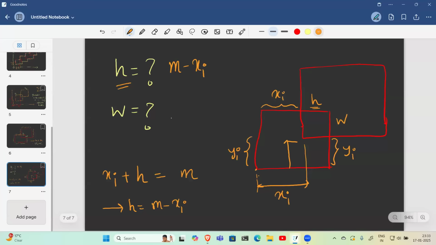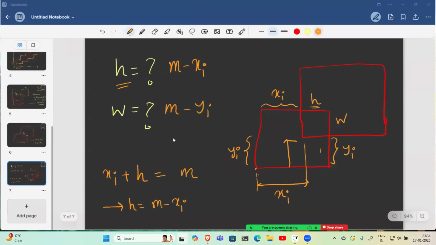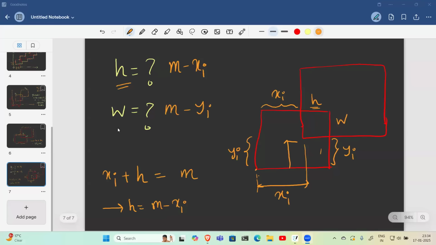So if this distance is yi and this is w, and the total length is the length of the side of the square, that is m, we get a similar expression: yi plus w is m. And so we can write that w is nothing but m minus yi. Is it clear? Simple geometry.